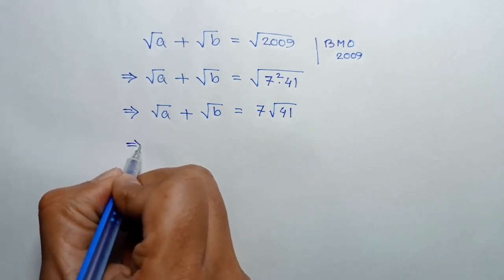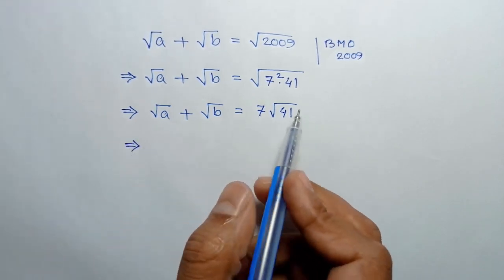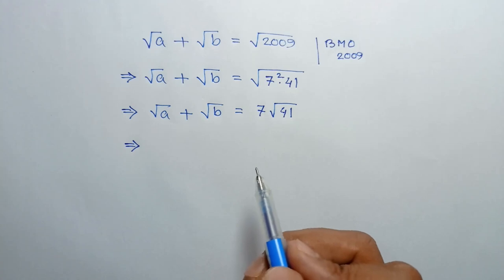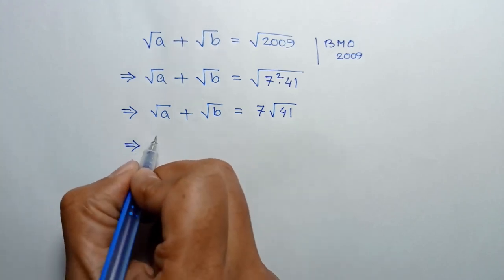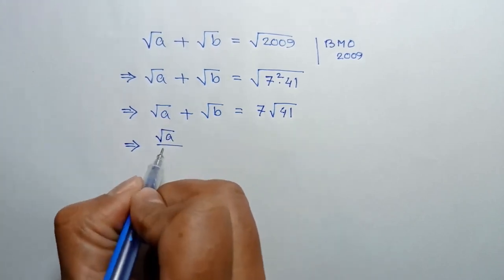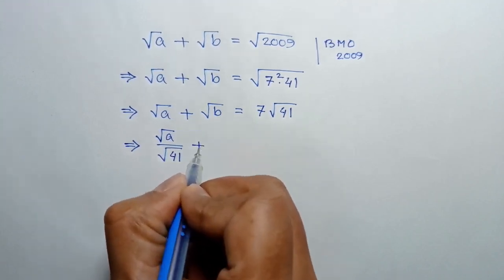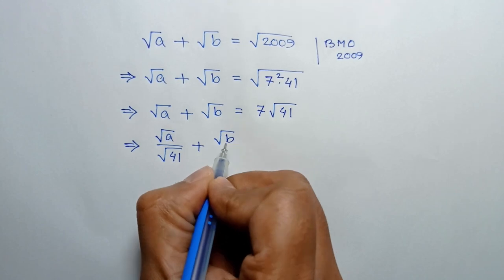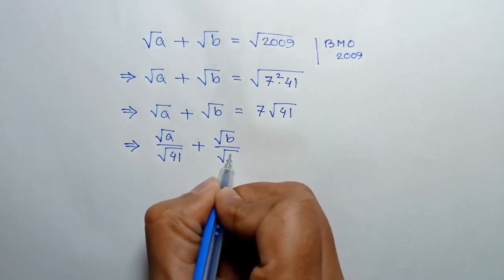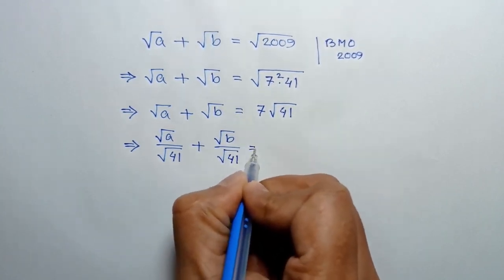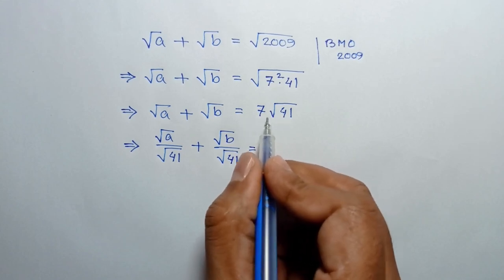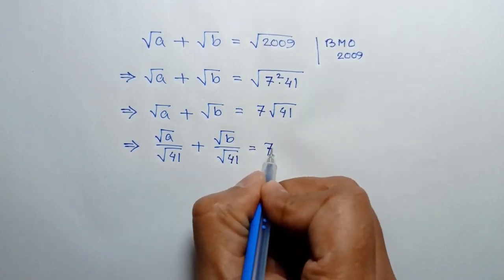Or if we divide both sides by square root of 41, we can write square root of a over square root of 41 plus square root of b over square root of 41 is equal to 7, since the square root of 41 will cancel.